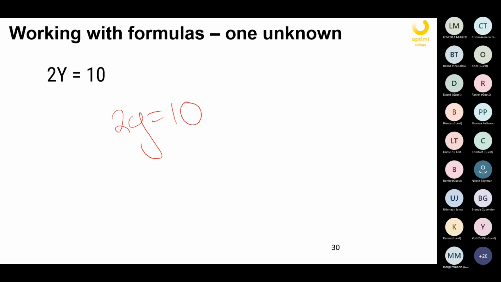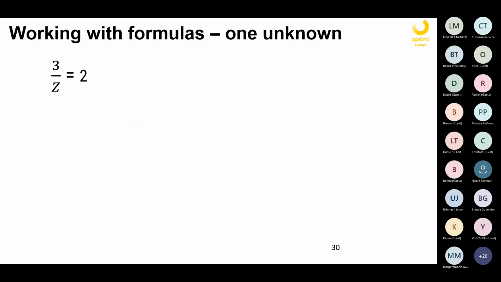How did you get to 5? Ten divided by 2. Yes, I don't like the 2 on the left-hand side, so I simply divide by 2. What I do on the one side, I need to do on the other side. y equals 5. Okay. Great.